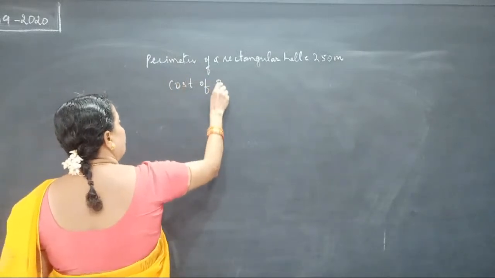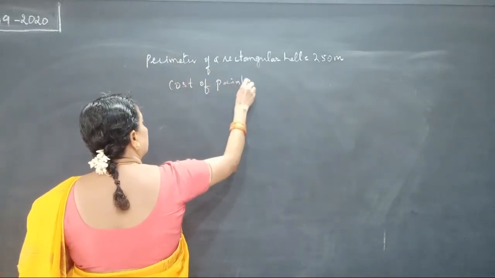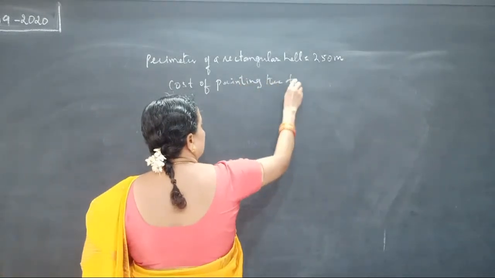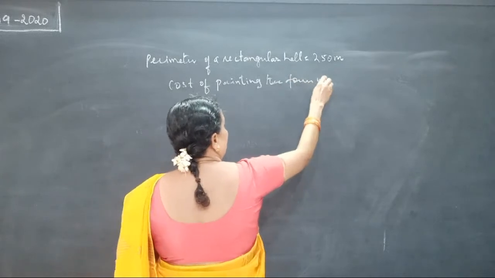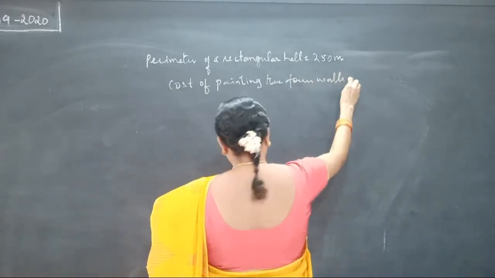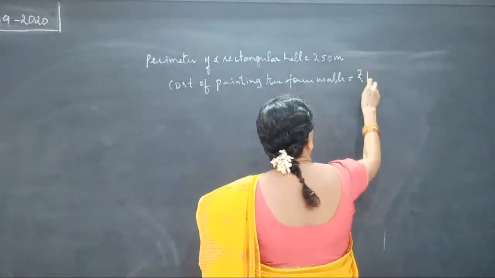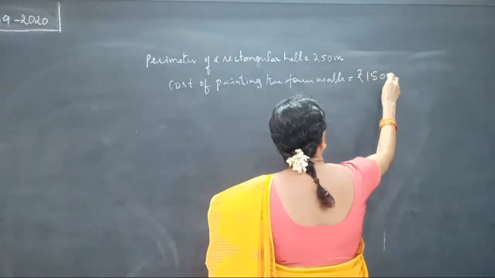Cost of painting the 4 walls is rupees 15,000.